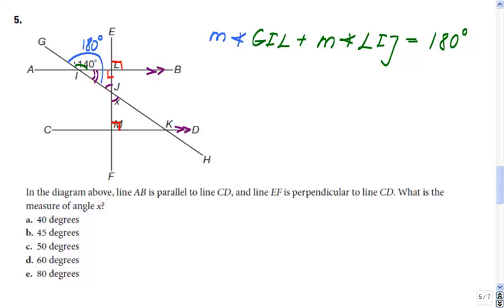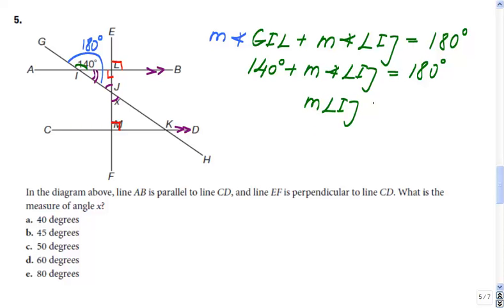But GIL is given to us, and the measure of GIL is 140 degrees, plus the measure of angle LIJ equals 180. Obviously the measure of LIJ will equal 180 minus 140 degrees. That's going to be 40 degrees. So I know at this point that this small angle right there is 40 degrees.